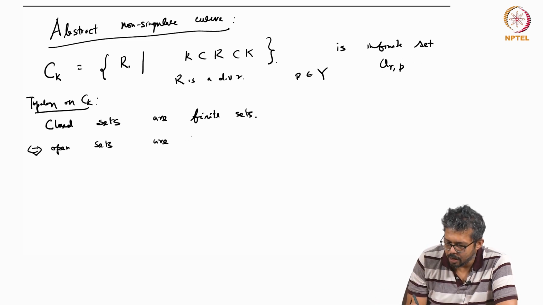So open sets are subsets of Ck whose complement is finite.